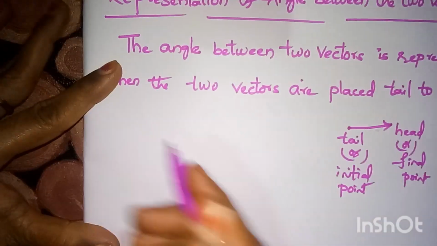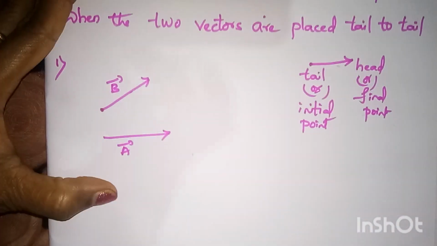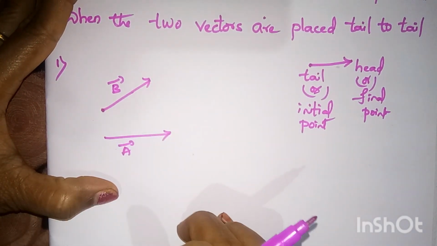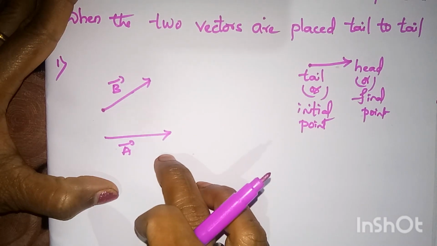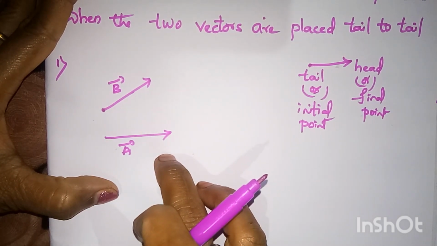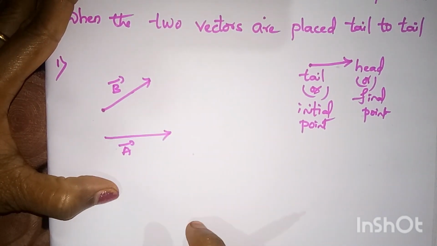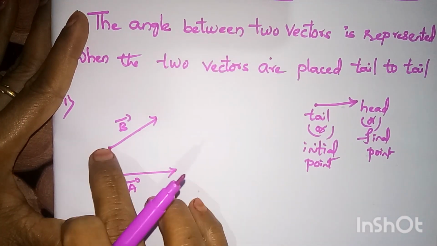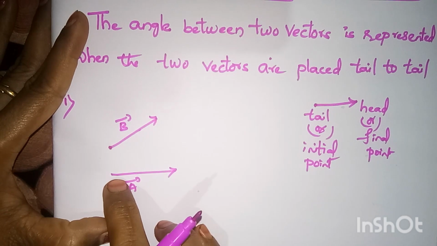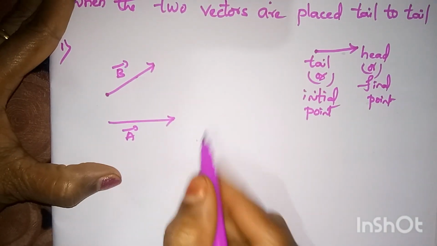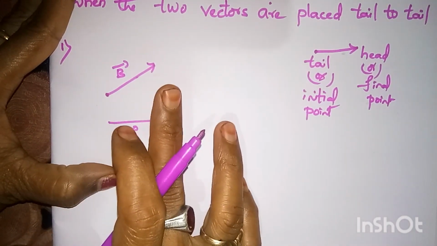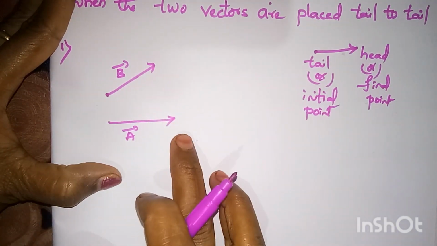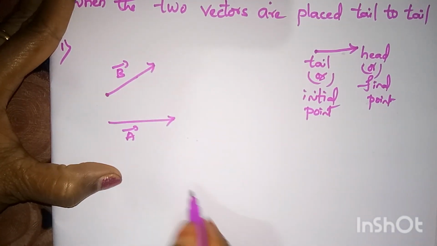The first example: suppose they have given these two vectors a bar and b bar, and they say find the angle between these two vectors. I said that to find the angle between two vectors, the tails of the two vectors should be connected. And when you are finding the angle between the vectors, you should not change the direction of the vectors.